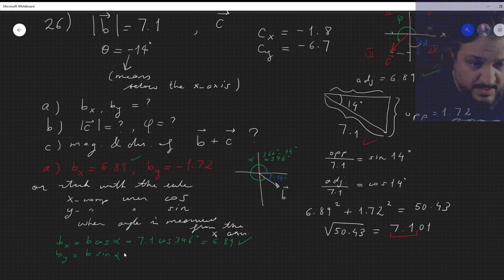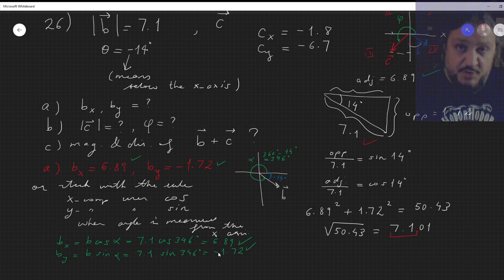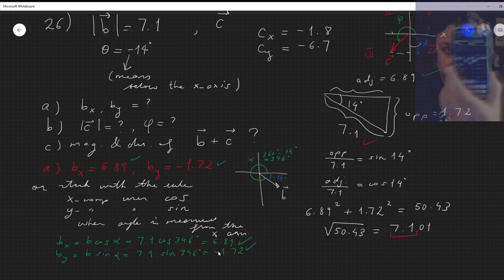What about By? That is 7.1 times sine 346. That is negative 1.72. That also checks. See, the negative sign here showed up automatically on your calculator.